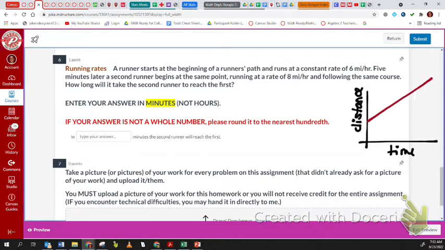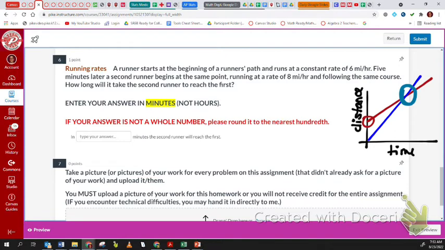So our first runner is up here when the second runner starts, because they're further ahead, right? Second runner leaves, they're running faster, so eventually they're going to catch up. We're trying to figure out when that's going to happen. Their distance is the same at this point. We need to figure out what is that time.